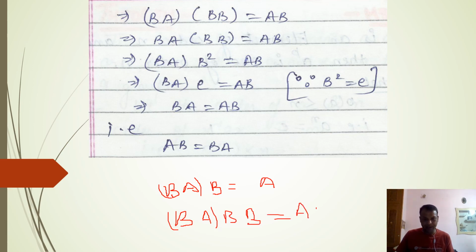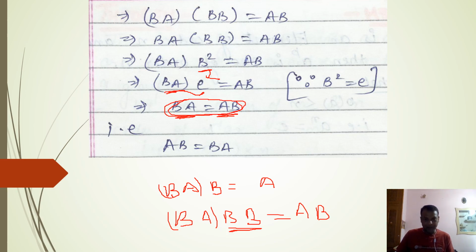Here we are applying B from the right side. Now this result B into B is again B square, and the value of B square is identity. So if we multiply this BA with this identity, we get the result BA. So BA equal to AB. Hence this result is commutative with respect to multiplication.